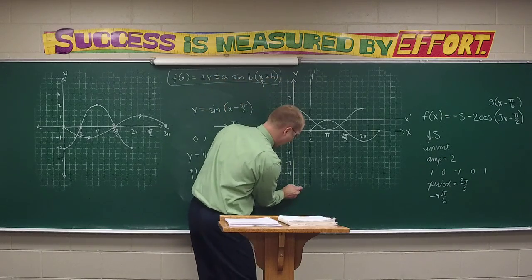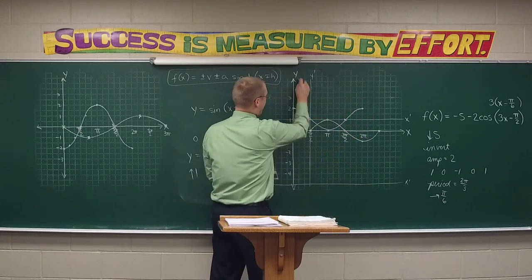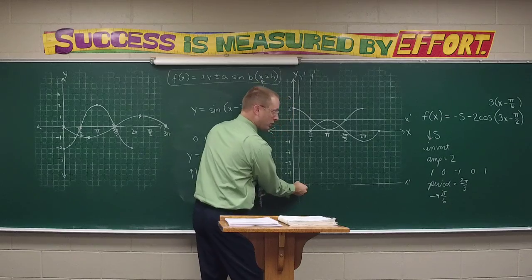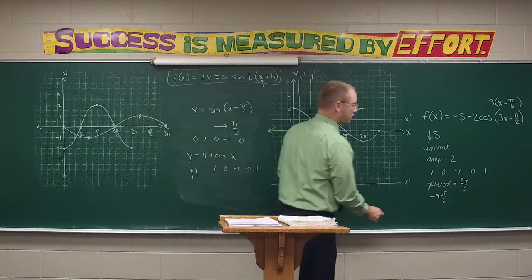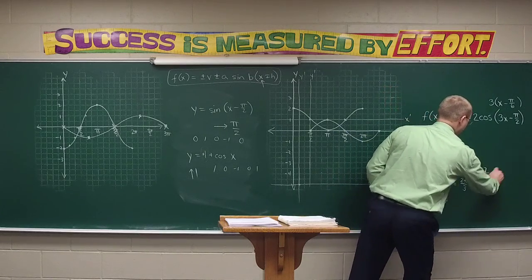So heaven forbid I had to graph this thing. I would go down 5, put a new x prime axis here. I go forward 1 box. Here's my new y prime axis, and this is my origin now, right? And so this is where I'm going to start, but my key points are all inverted and change to an amplitude of 2.